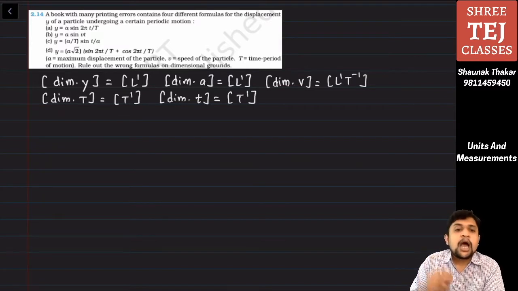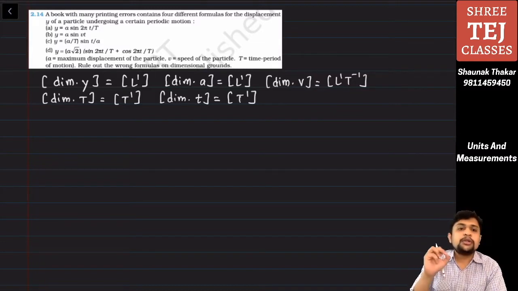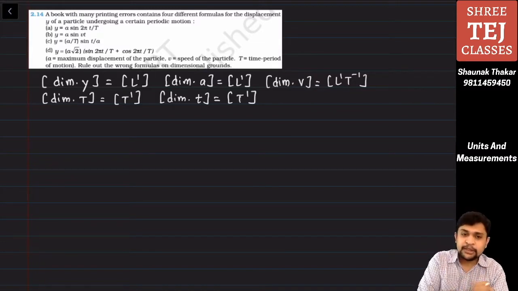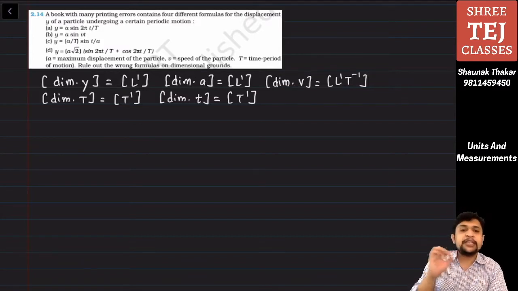Now, how do we verify the formula? So, left hand side dimensions should be equal to right hand side dimensions, because dimensionally the formula has to be homogeneous, that is one and the same. And while finding sine or cos of a value, we need that value to be dimensionless, because sine cos is an angle.